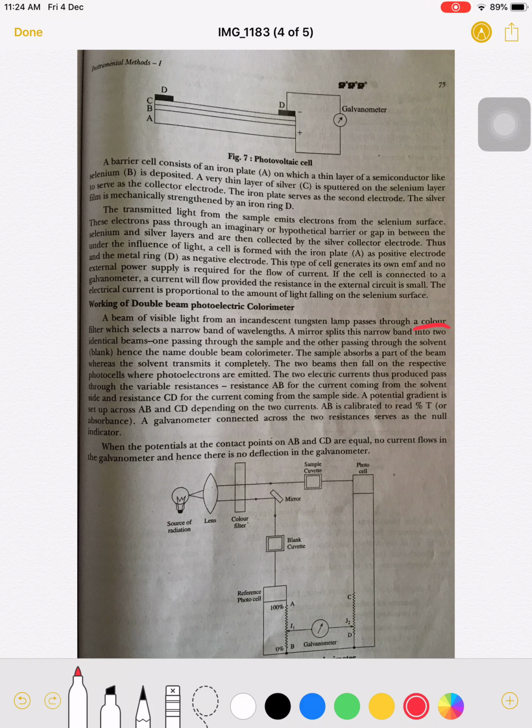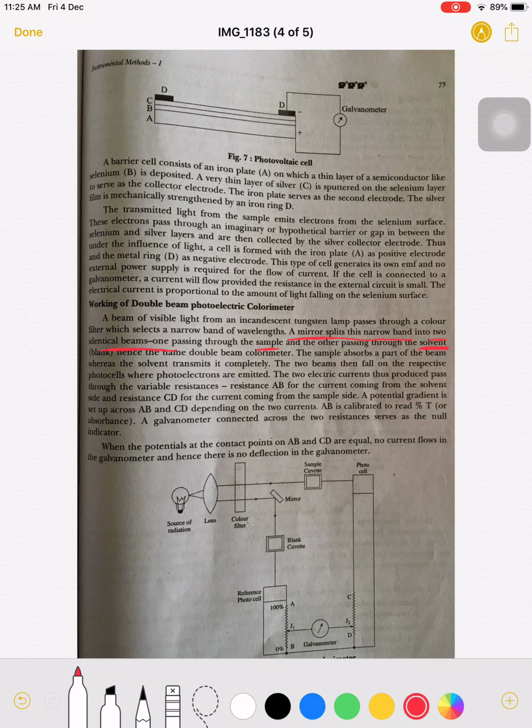A mirror then splits this narrow band into two identical beams, one passing through the sample and another passing through the solvent.